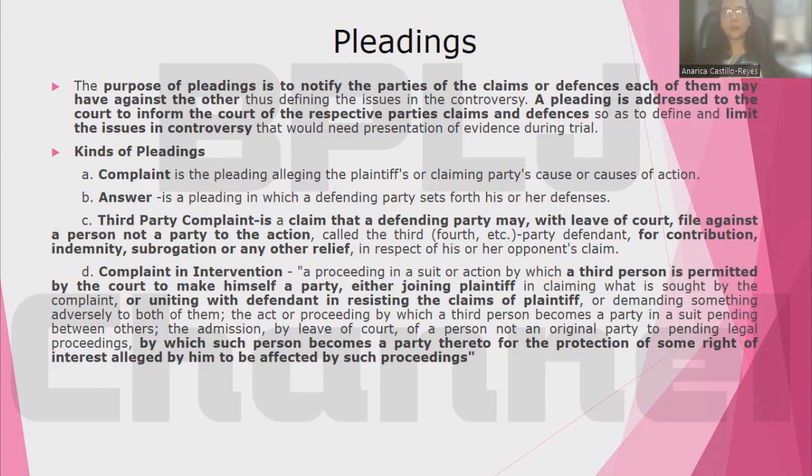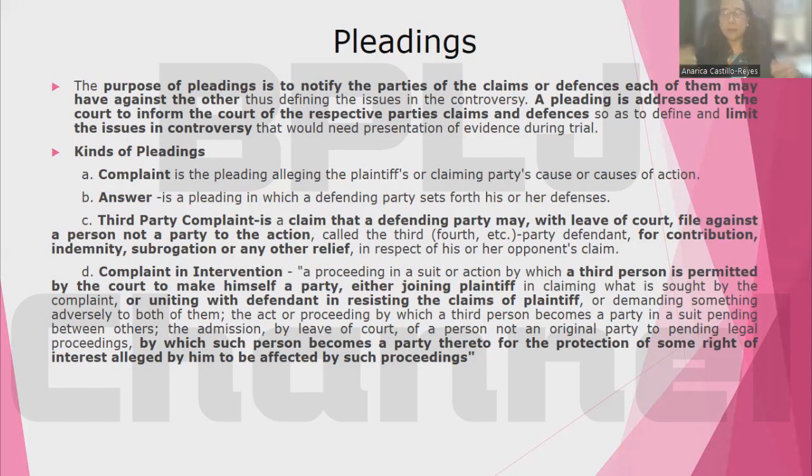We also have what we call a complaint in intervention. It is a proceeding in a suit or action by which a third person is permitted by the court to make himself a party, either joining the plaintiff in claiming what is sought by the complaint or uniting with the defendant in resisting the claims of the plaintiff.